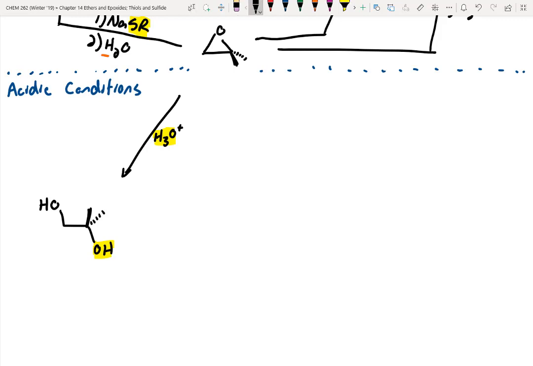All right. The next method is a little bit different. You need to have some sort of external source of acid, and then you would need some sort of thiol reagent. And just like with the other one, the thiol is going to attach to your more substituted carbon.